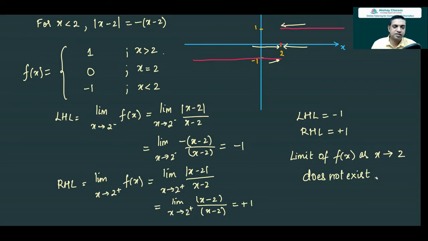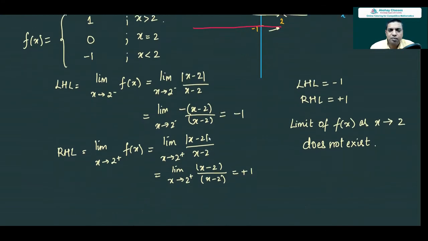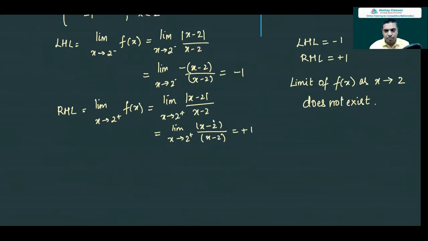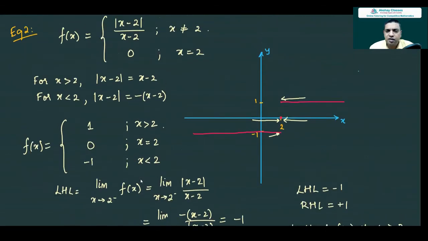It does not exist. Clear? So this is the fundamental concept. There are more formal and difficult definitions, which we need not worry about, but I'll just brief you about what those definitions are. But this is the fundamental concept.